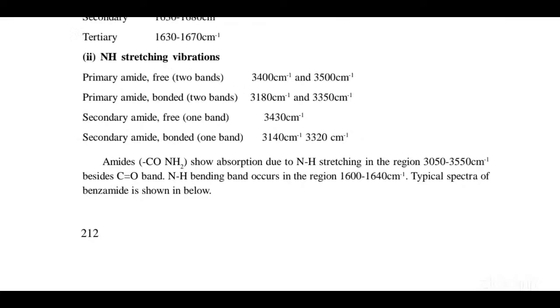The amide CONH2 shows absorption due to NH stretching in the range of 3050 to 3550. Besides C double bond O and NH, it has another characteristic, the CN stretching frequency.